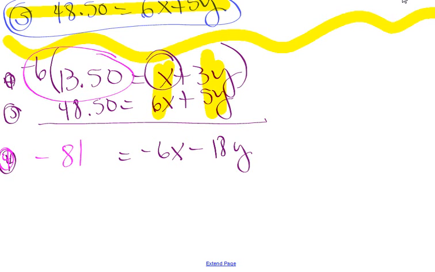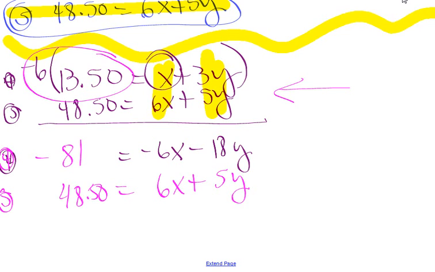And now a straight copy of equation 5. So now this is going to be 48.50 equals 6x plus 5y. Now, when I add equations 4 and 5, my x's are going to eliminate. And then I'm going to have minus 13y here.